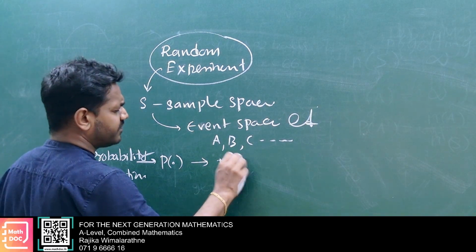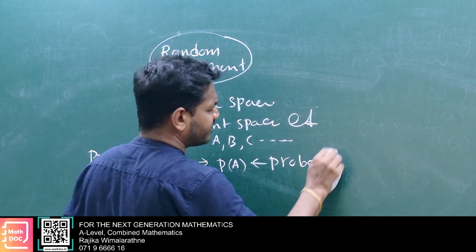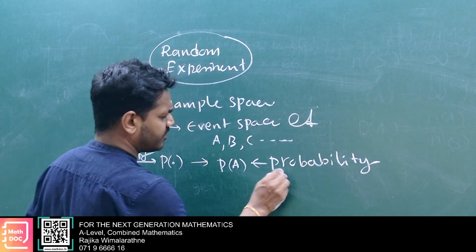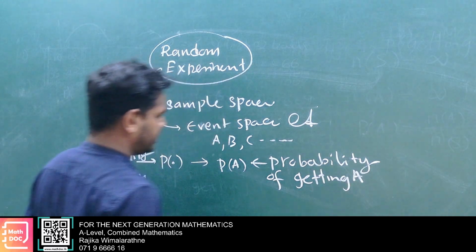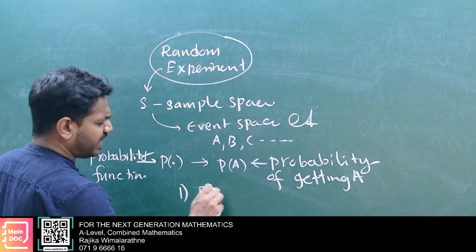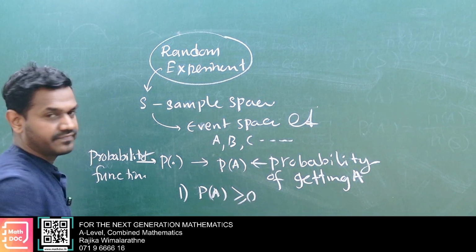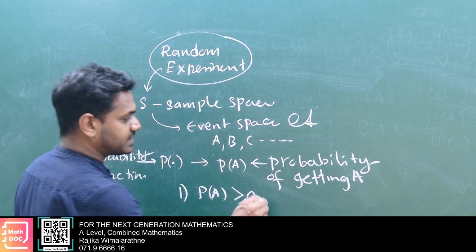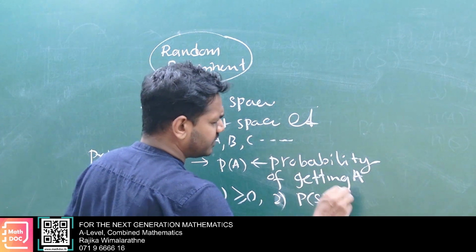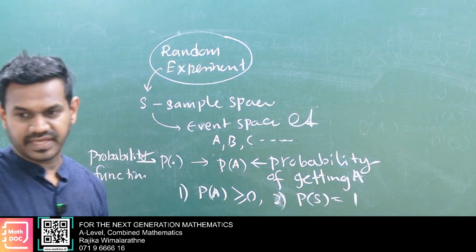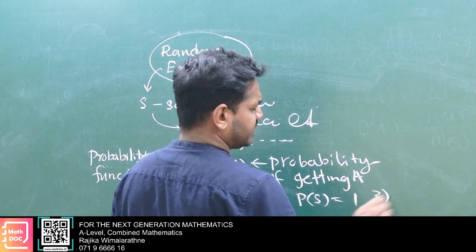Then P(A), probability of getting A. So first axiom, P(A) greater than or equal to 0, non-negativity. Second axiom, P(S) equals 1.